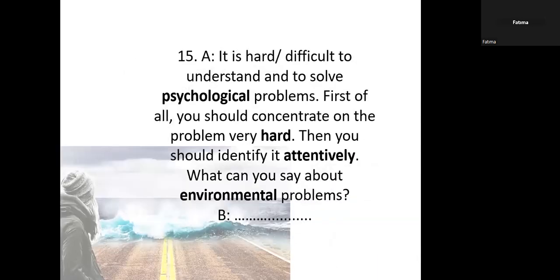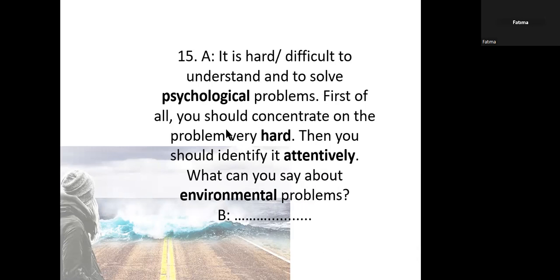Okay, 15. It is hard or it is difficult to understand and solve psychological problems. First of all, you should concentrate on the problem very hard. Then you should identify it attentively. What can you say about environmental problems? Again, we can read the same. It is hard, difficult to understand and solve environmental problems.